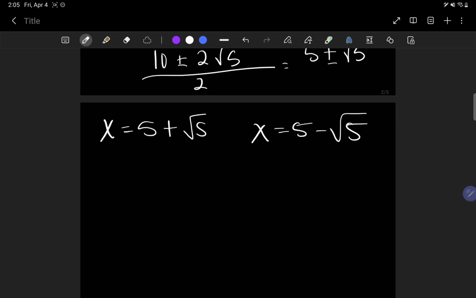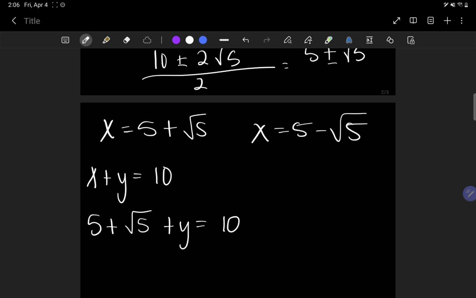No, I'm just thinking that I bet that's like x and y, because if you add those two things together, you get 10, and if you multiply them, would you get 20? I don't know. I think you would. Let me just see. So x plus y equals 10. I'm going to substitute it in here. So I have 5 plus root 5 plus y equals 10. Oh, yeah, you'd subtract 5, and then subtract root 5.